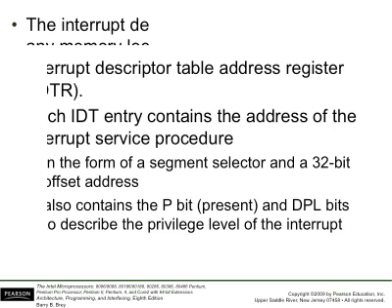Now, just a quick review. Segment selector is not the segment base register. The selector itself is going to be combined together with the GDT to find out the segment, and from there you're going to combine with the offset.